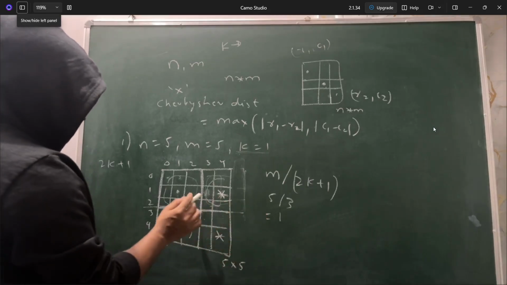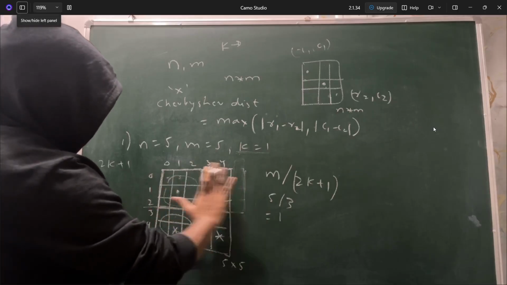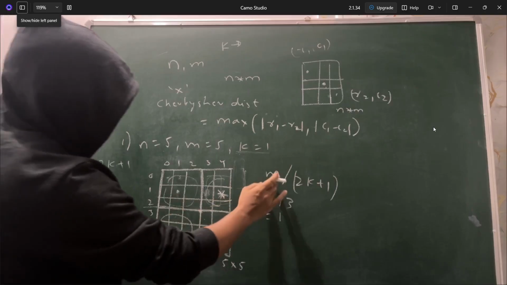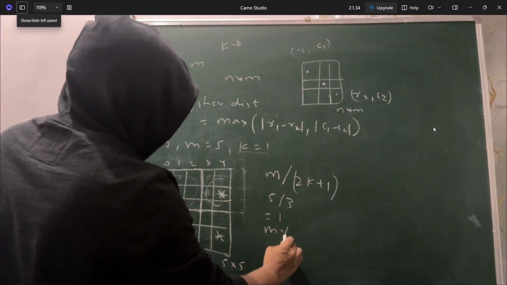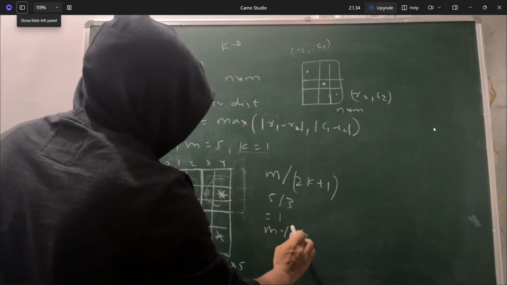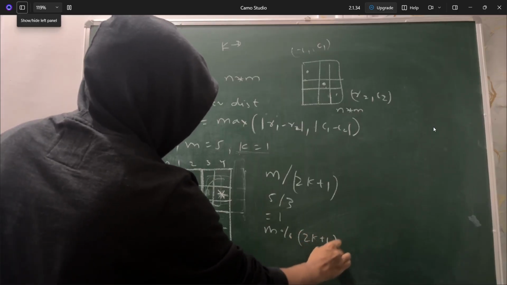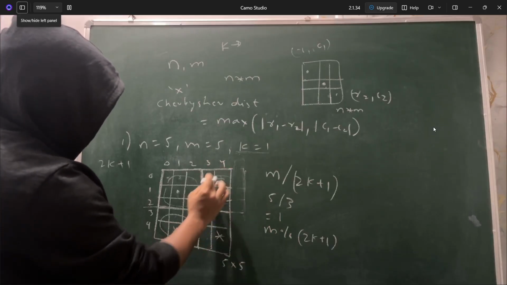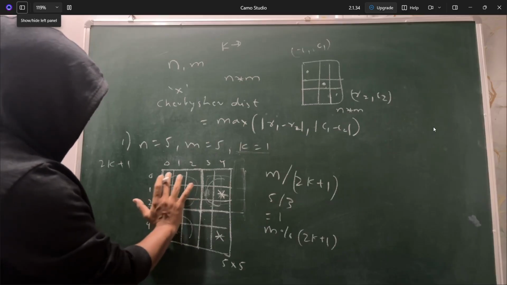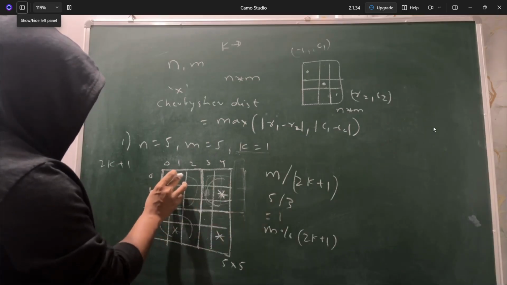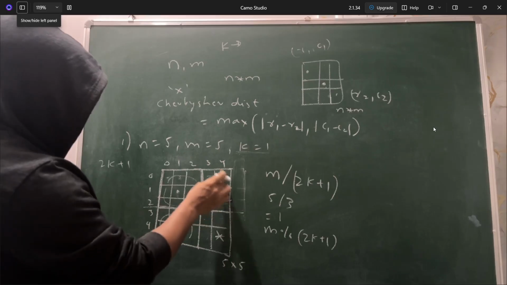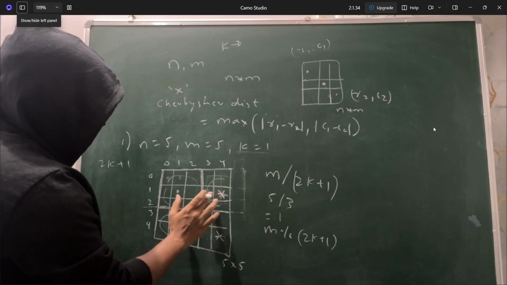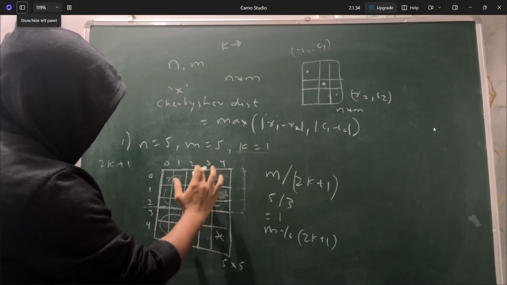But in this particular area you're placing two sensors, so you'll have to check one more thing. If m modulo 2k plus 1 has some remainder, it means there are some areas which are not covered by the sensors you have placed. In order to cover that area, you will be placing one more sensor. So in this case, this is the remaining area, right?